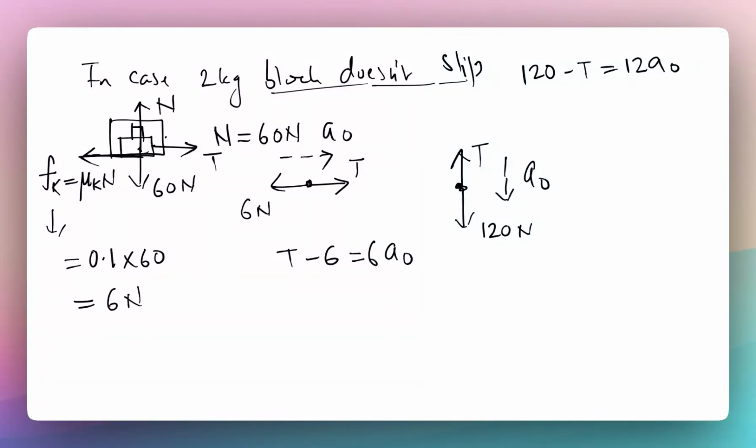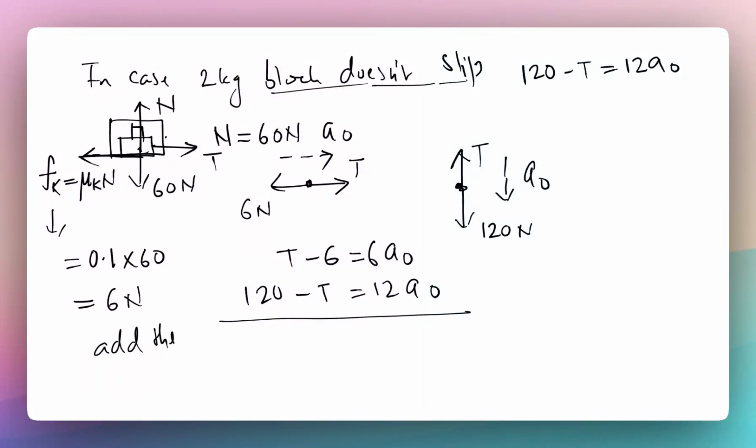Okay. So we now have two equations. 120 minus T is going to be 12 a naught. We need to eliminate T to find the acceleration, so we can simply add them up. Now this T and T will cancel, and this will be 120 minus 6, which is 114.